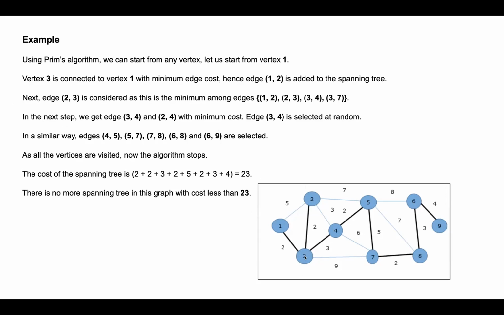From 3 we have two edges, 3 to 4 and 3 to 7, and in that 3 to 4 is minimum. From 2, again two edges are there: 2 to 5, which is 7, and 2 to 4, which is 3. So two minimum edges are there, 2 to 4 and 3 to 4. Then randomly we are taking 3 to 4. Randomly, we can take 2 to 4 also in that case.